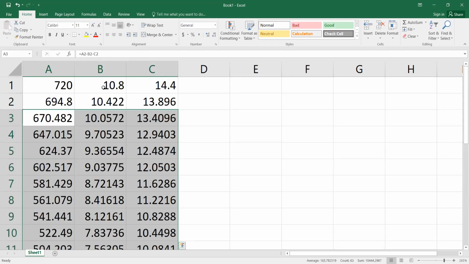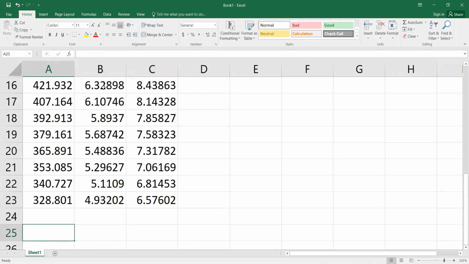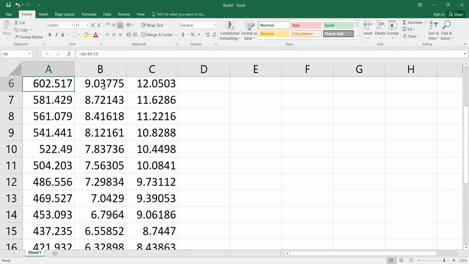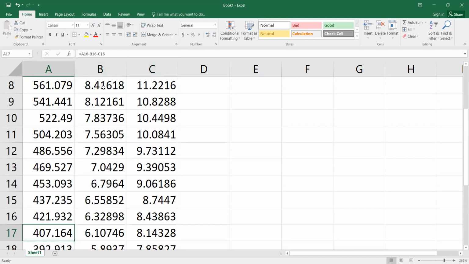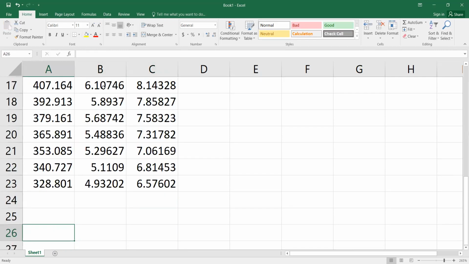Okay, so let's go up to 23. And it says, let me see. Yeah, so I'm making sure, of course, that's a little bit exaggerated, that you don't make any further purchases. Okay, so that's the amount that you have paid. So you started with 720 and subtract that amount.